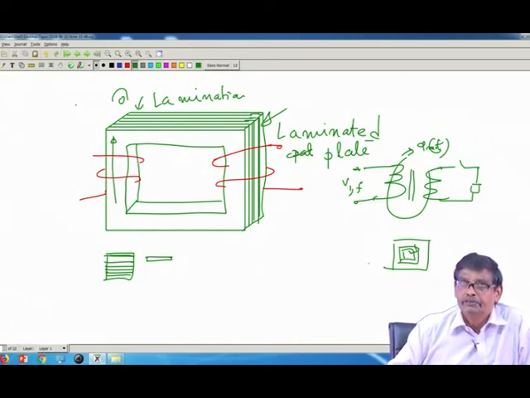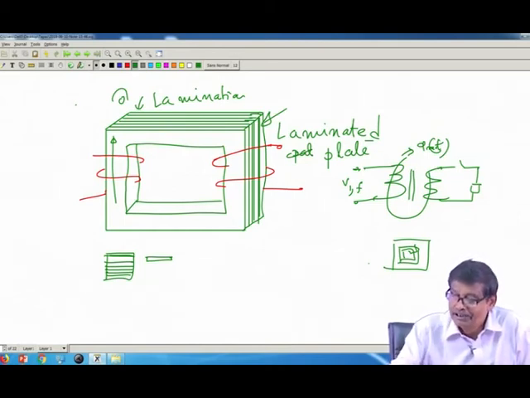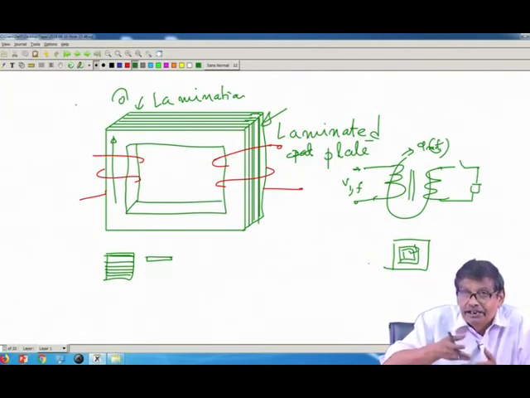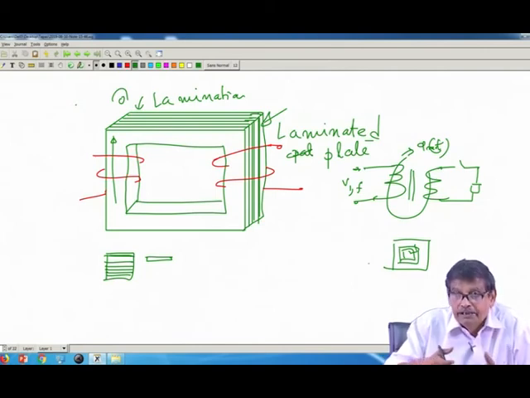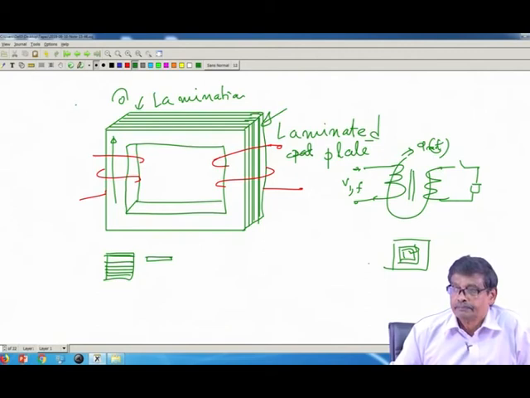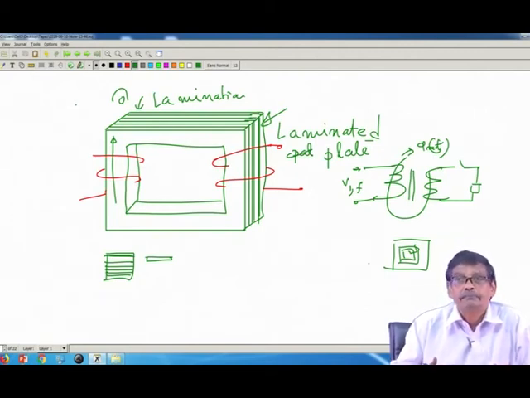That is what I am trying to tell. Even with this switch open, it looks as if there is a secondary coil existing within the iron core, the circuit is closed, and they are carrying secondary current. But flux has to remain the same.